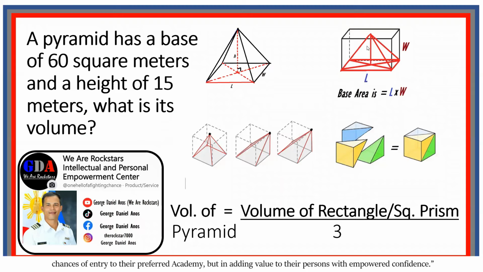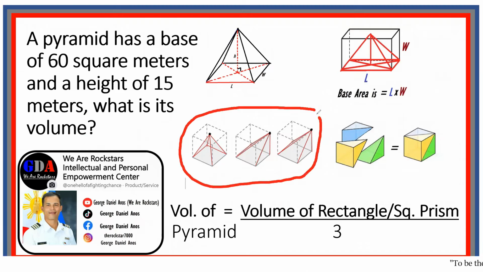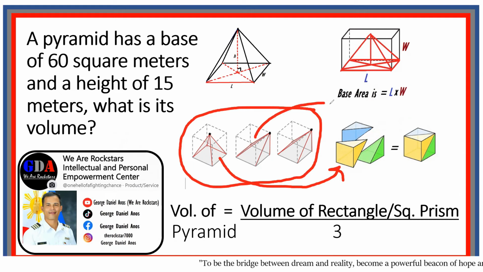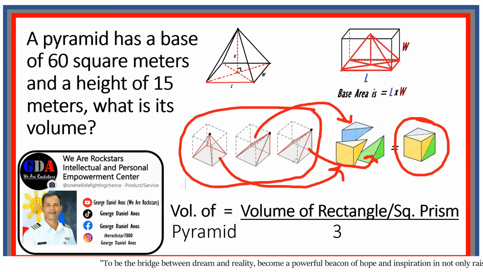Alright, now we return here, and as you can see, we go back to that figure from 2 slides ago, wherein if you combine all three of them, this will be that one, and this will be that one, and this will be here. They will make a perfect square.